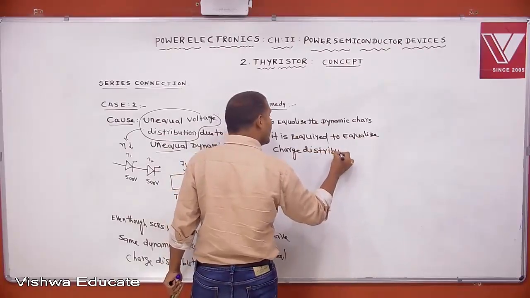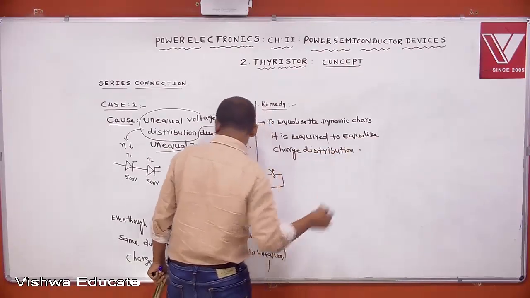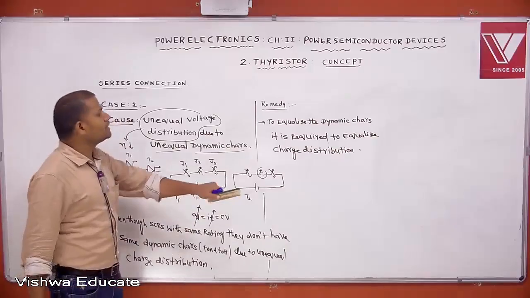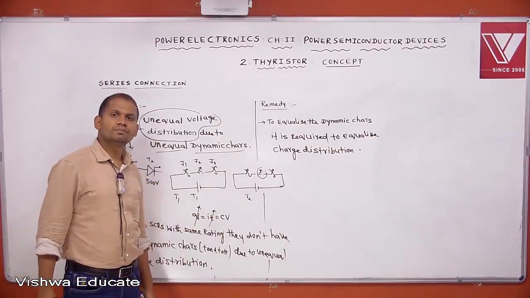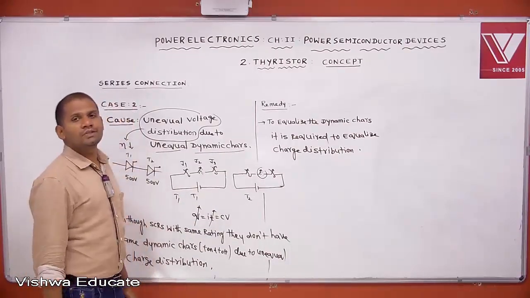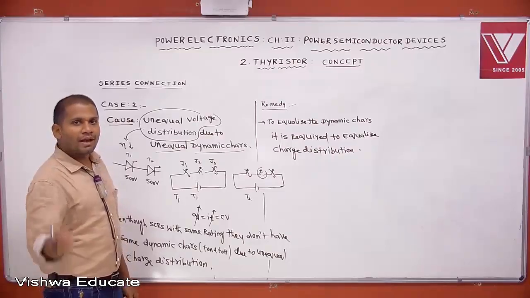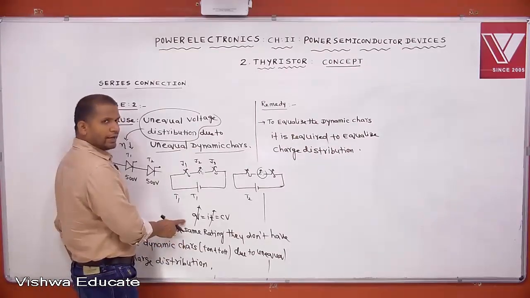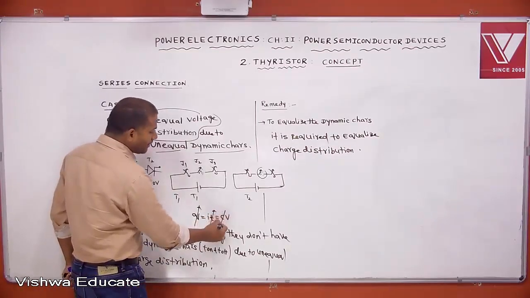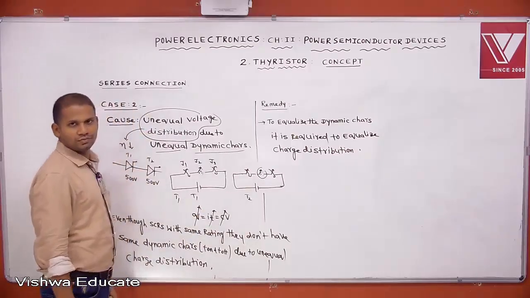What is the reason for unequal dynamic characteristics? Because of unequal charge distribution. Then how to equalize the charge distribution? Another point here: Q equals IT. If Q changes, the capacitance offered by the junction also changes.